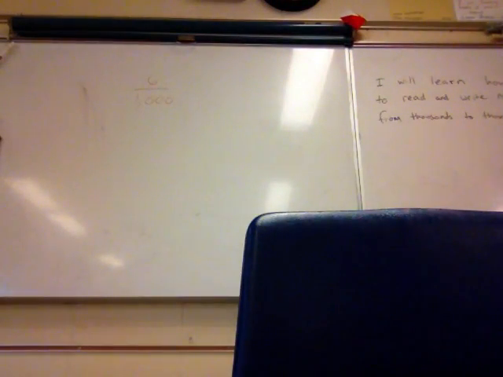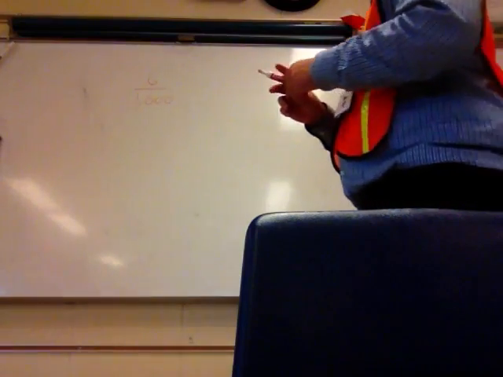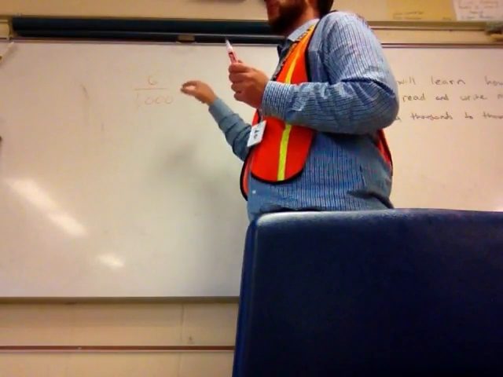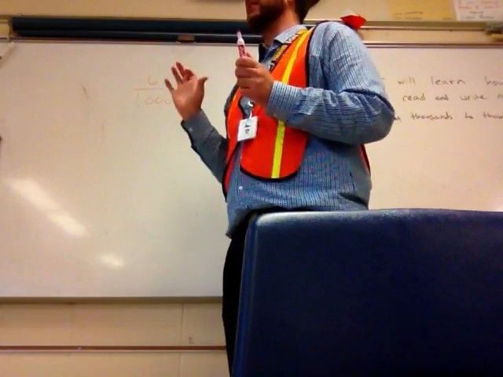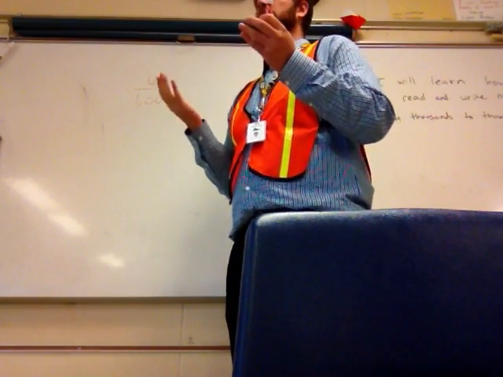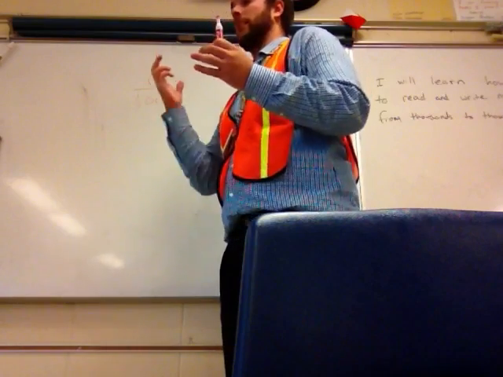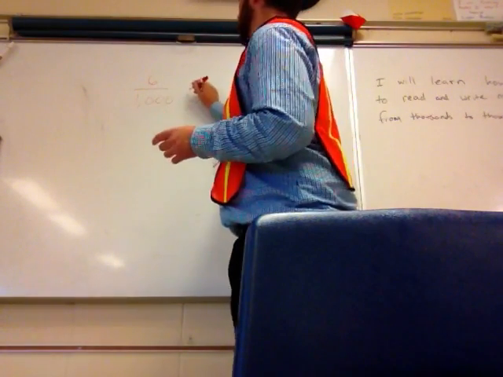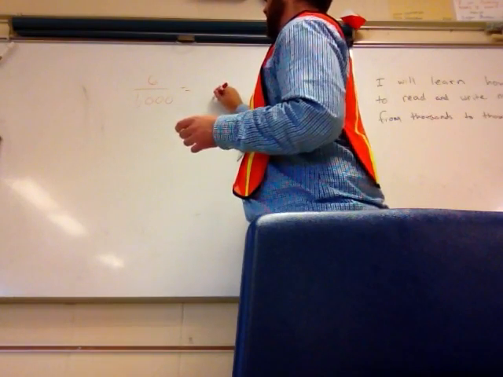How do we read this? 6 over 1,000. I like to see this is 1,000, so I automatically know 1,000, the little brother, thousandths. Because we know that will equal, I need a decimal.